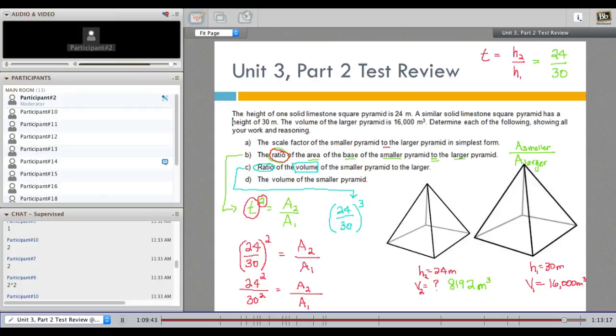Yep, exactly. But you're going to come out to that 8192 over 16000. Okay, and then you'll probably remember, oh yeah, I already had this over here. I could have just used that. Dang it, why'd I do extra work? But that's okay. At least your thinking is on the right track. That is all that matters. It's only one extra step. It's not a big deal. Okay, so that will be part C once you get that answer.